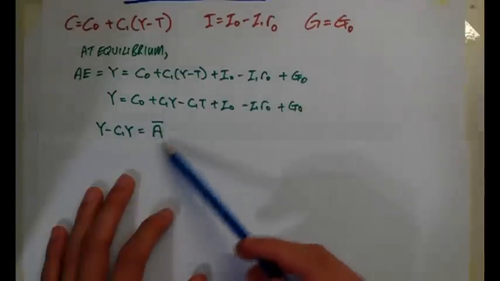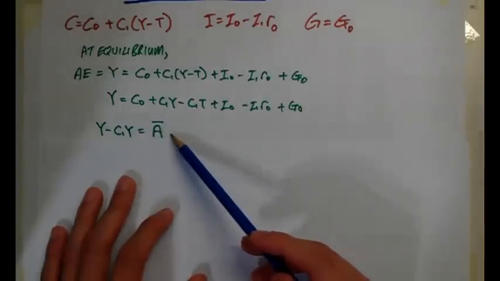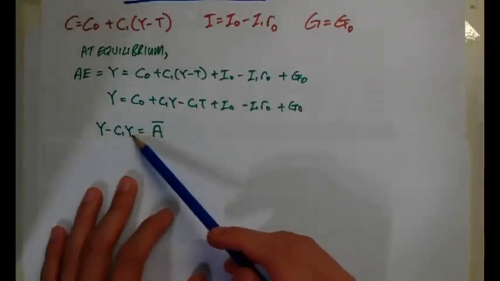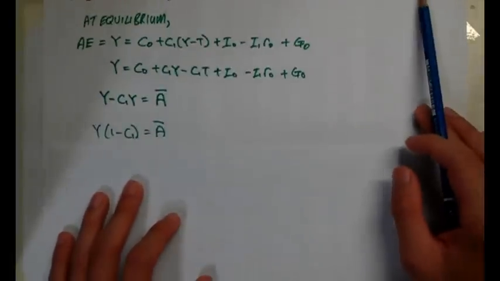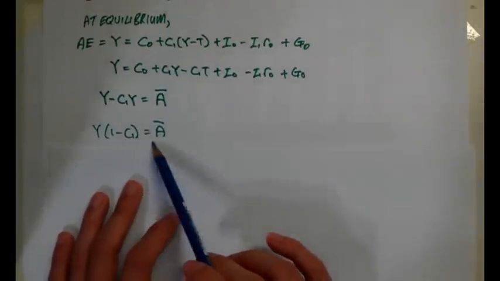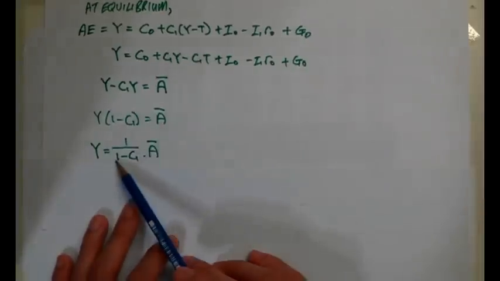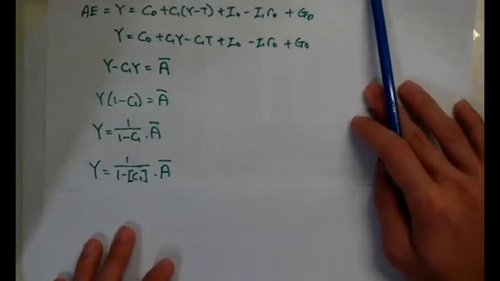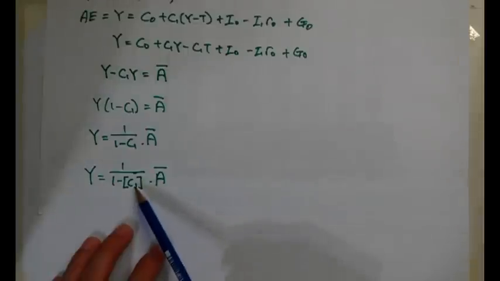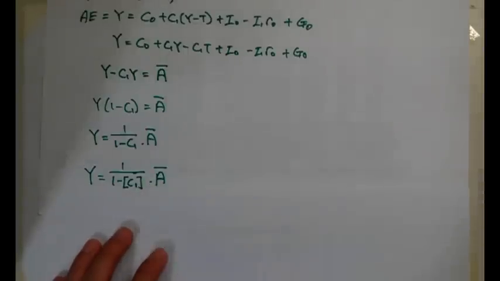So I can just substitute everything into this thing called A bar, and next I'm going to factorize Y outside, and I get this. I'm just going to bring this over to the other side, and I have this. Then I'm just going to put a bracket around there to show that this is m. So essentially my multiplier m is just C1.